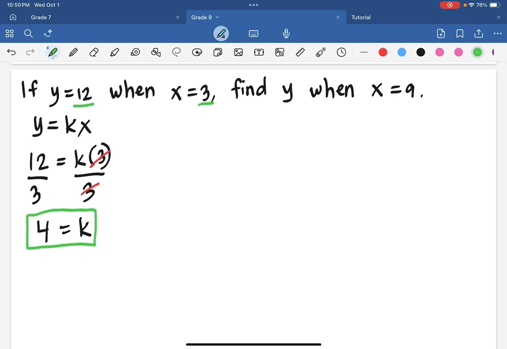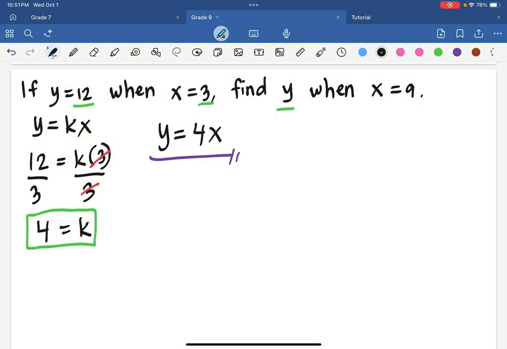Now given the value of our constant, we could write our equation of the given problem as y equals 4x. Okay? And based on this, we could use y equals 4x as our guide in finding y in the second part.